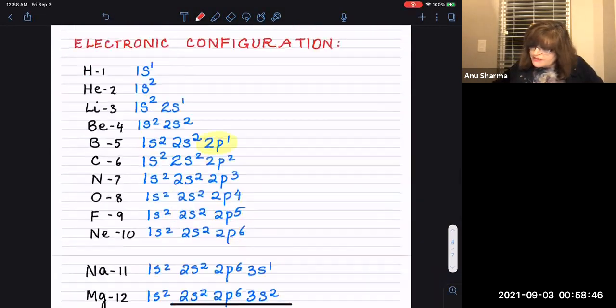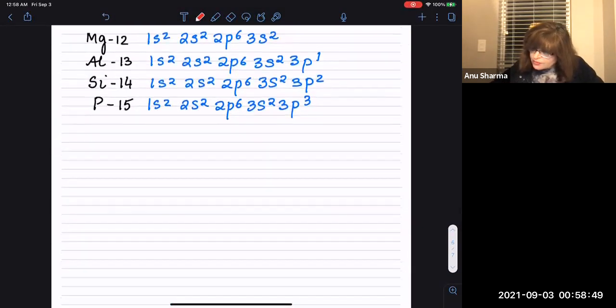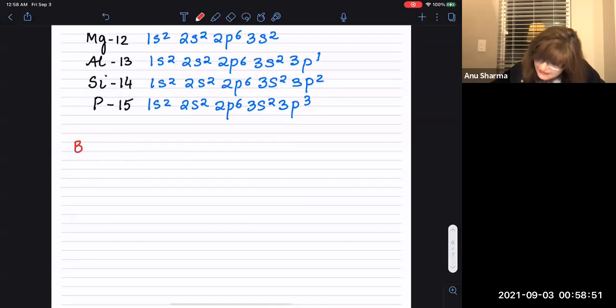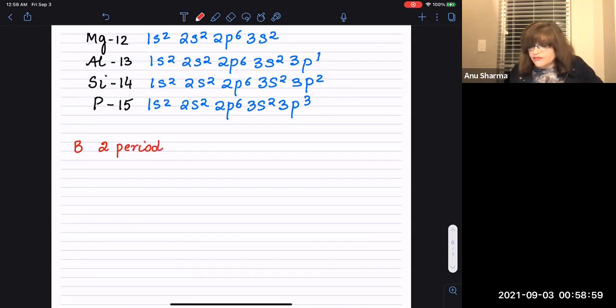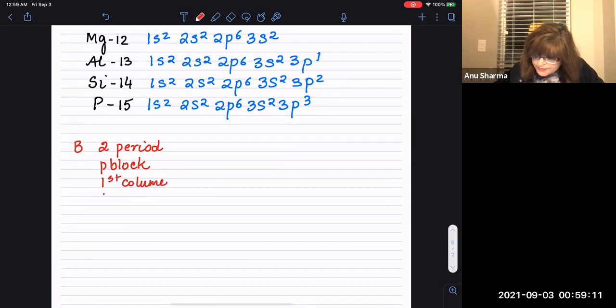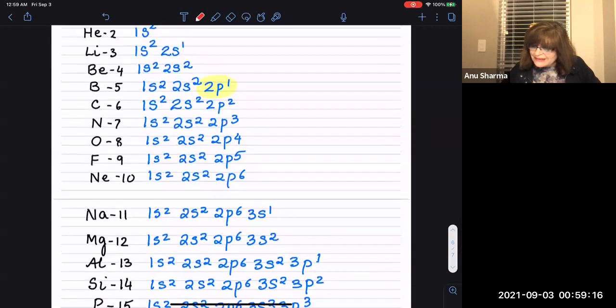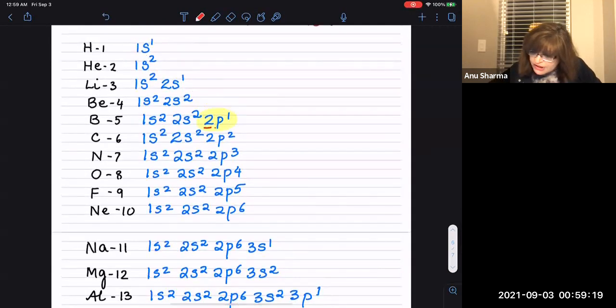So this is what it means: boron is present in the second energy level or second period, and it is also found in the P block, at the first column of the P block. Okay, so that is why second energy level, P block, first column.